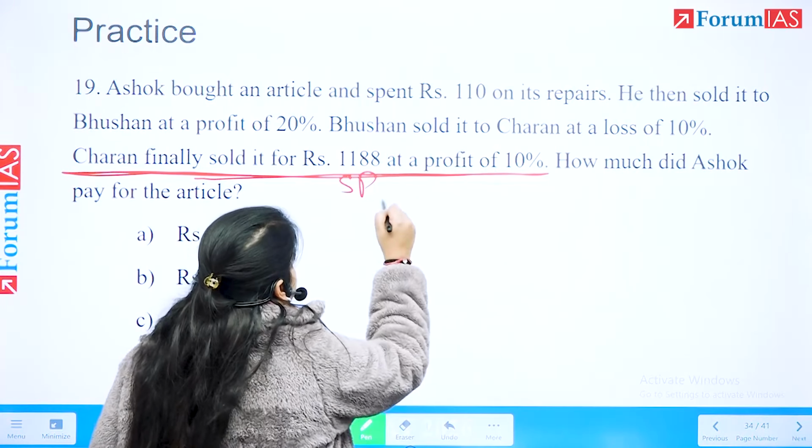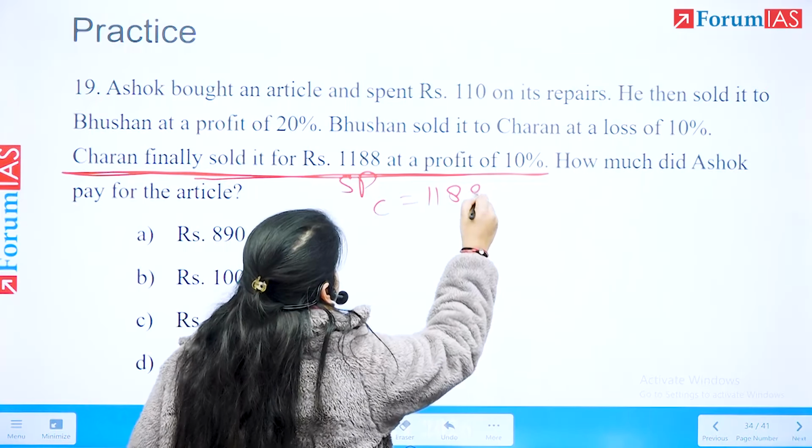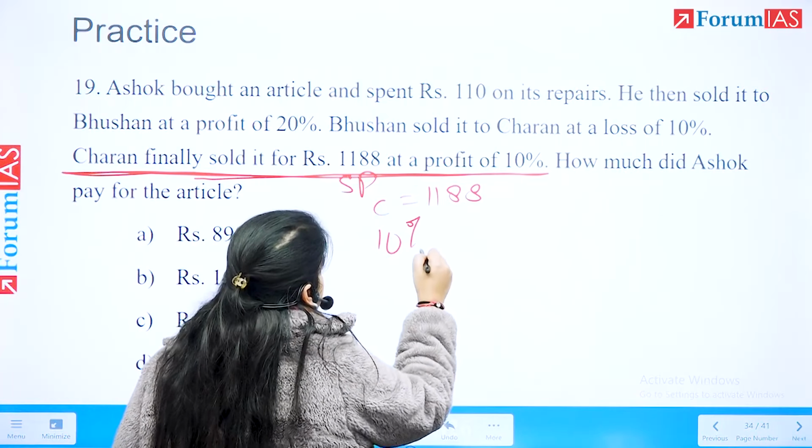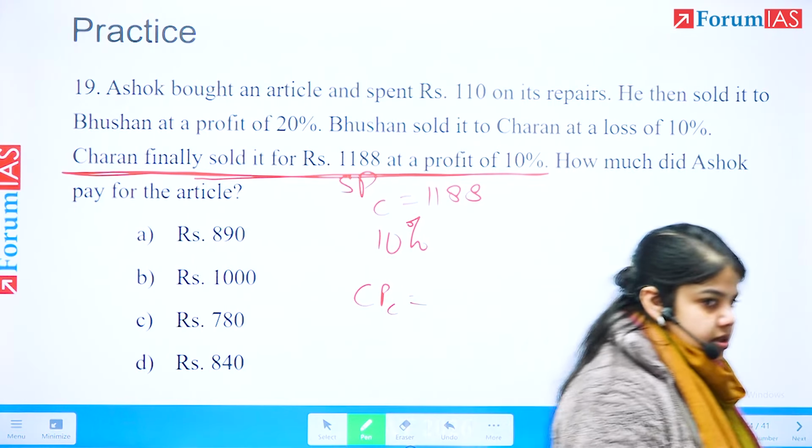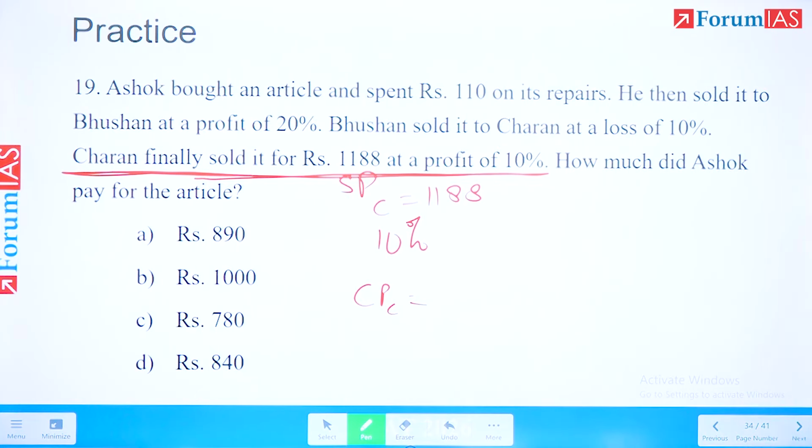Selling price for Charan is equal to 1188. Profit is 10%. What is the cost price of Charan? भाई वो selling price है, cost price नहीं है. 1188 divided by 1.1.